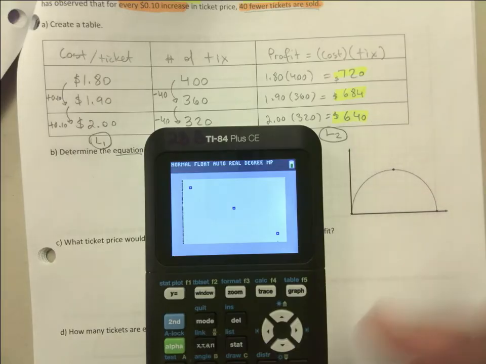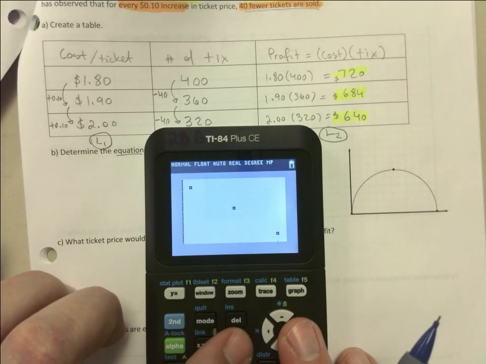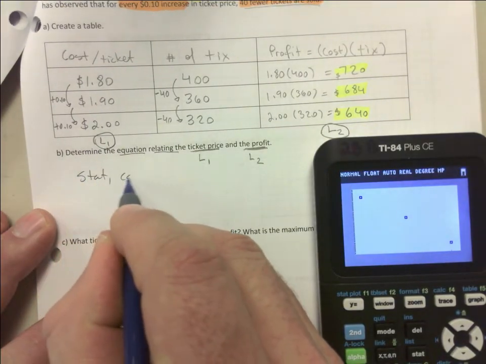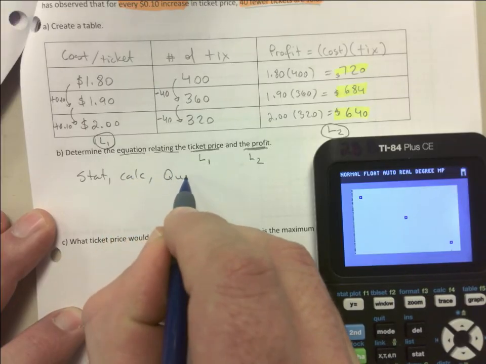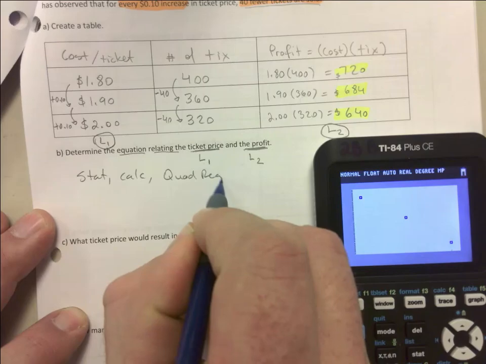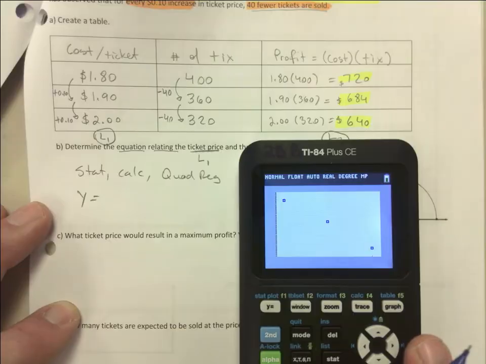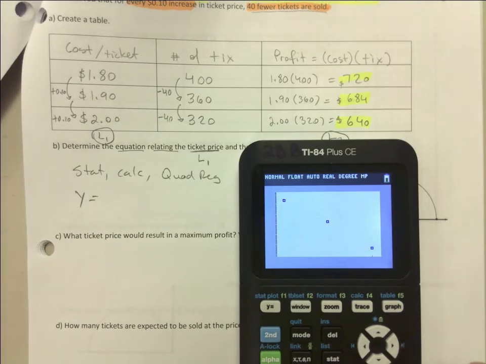So watch what I'm going to do now. Let's go ahead and find our regression. I'm going to go stat, calc, quadratic regression, and I'm going to come up with my equation. This is going to tell us whether or not this is a quadratic for sure. So let's do this together.